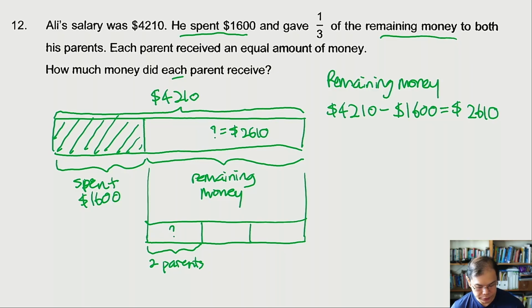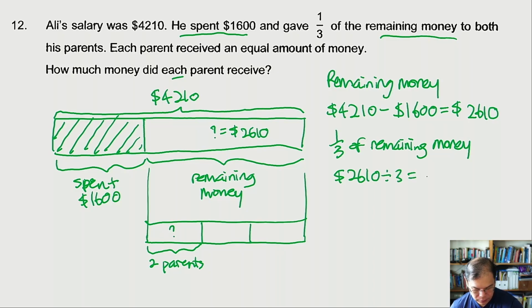All right, so 1/3 of the remaining money. I can take 2,610 divided by 3, or I can take 1/3 times 2,610. It's going to be the same, so I'll just divide by 3. 870. So this is 870.